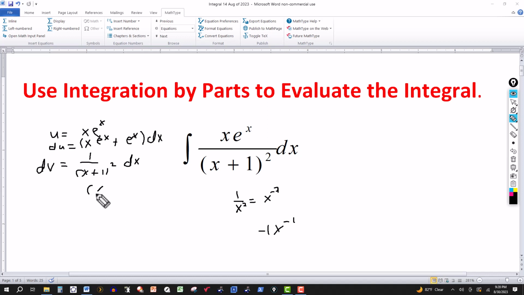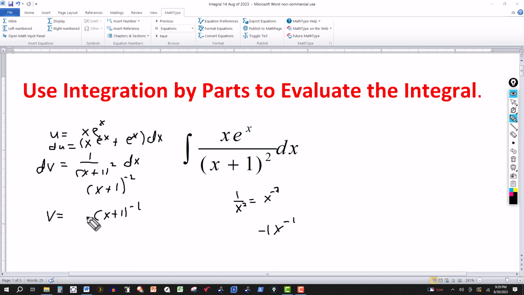So it's the same thing then. I could just do it this way and rewrite it as x plus 1 to the negative 2, and then integrate. v would equal, add 1 to this exponent, give me x plus 1 to the negative 1.